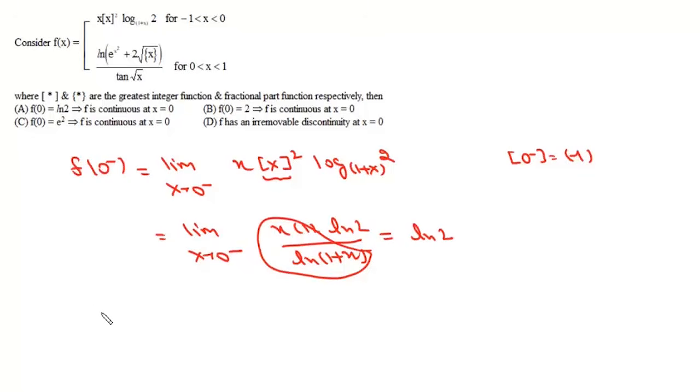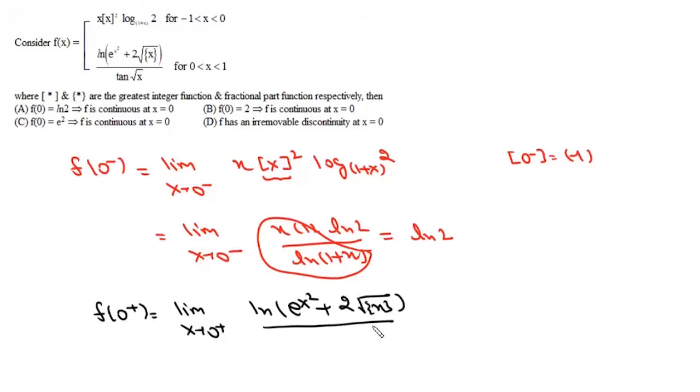Now we'll find its right hand limit. Now f(0 positive) will be this limit: x tends to 0 positive, log of e to the power x square plus 2 times under root of fractional part of x, upon tan under root x.